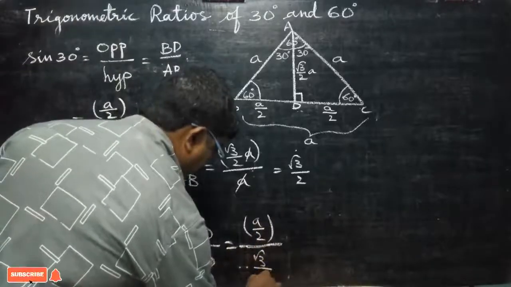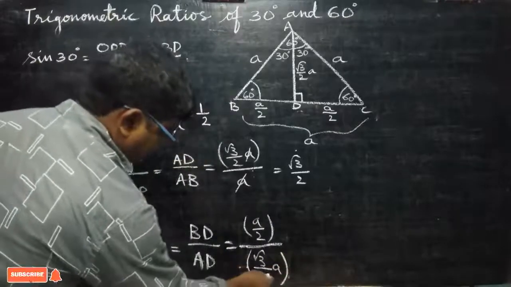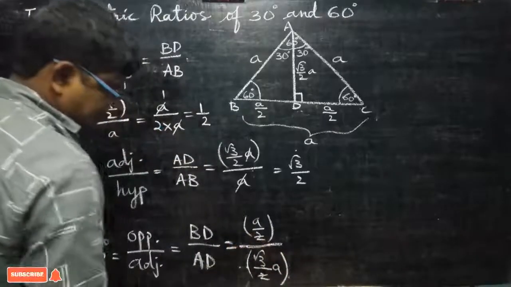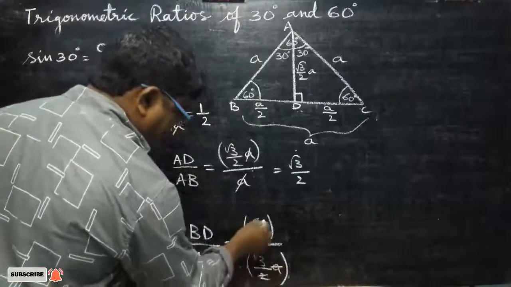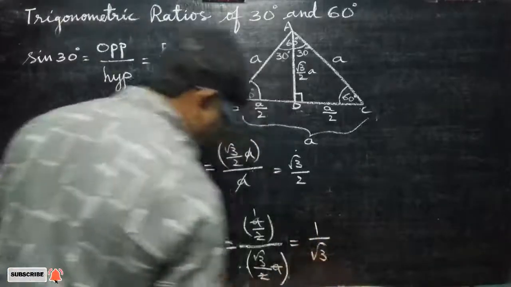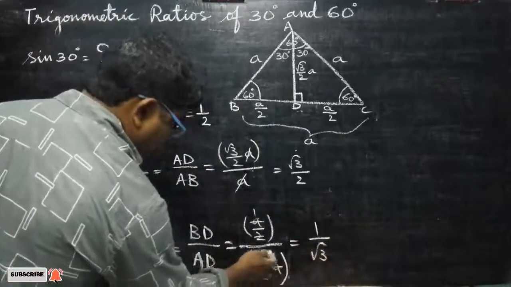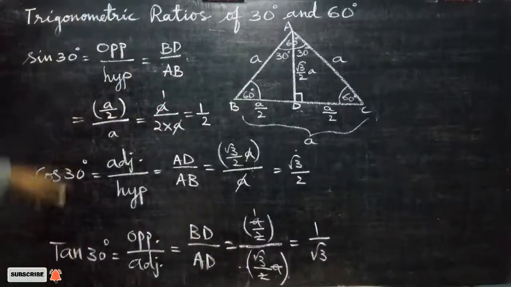Root 3 by 2A. You can simplify. 2 cancels, and A also gets cancelled. A goes in A one time. So 1 by root 3. Now 3 values we got.